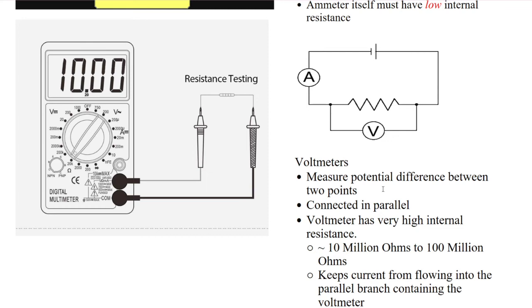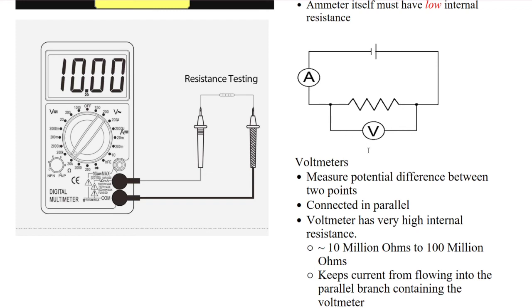You're measuring a potential difference between 2 points, right? So if you want to measure the voltage drop across a resistor, then your voltmeter is connected, one lead on one side, the other lead on the other side of the resistor. So you're measuring the difference between potential at those 2 points.